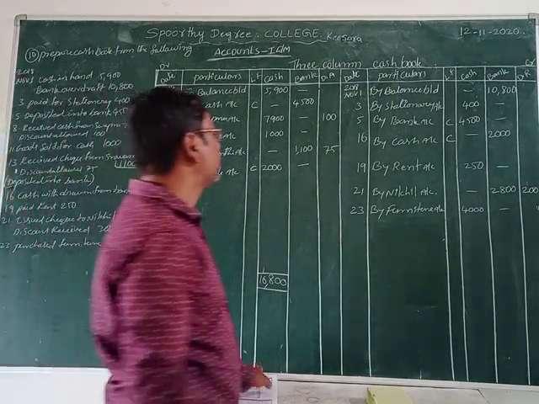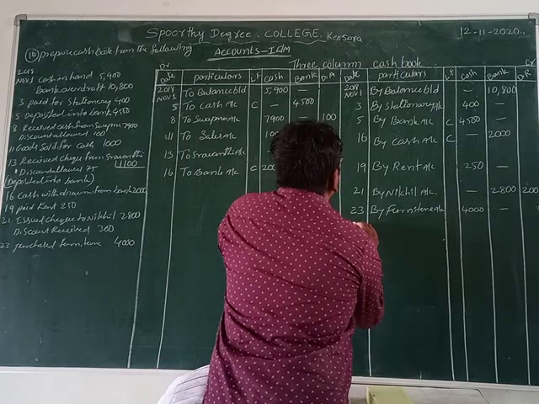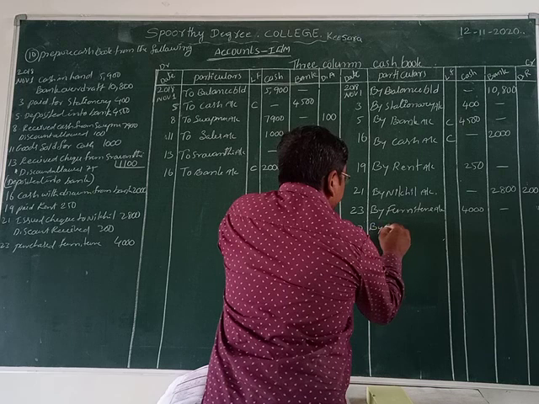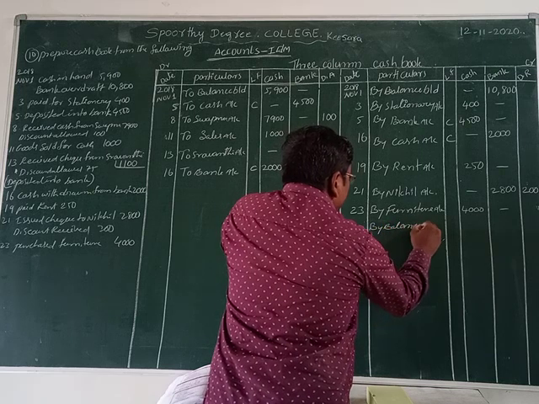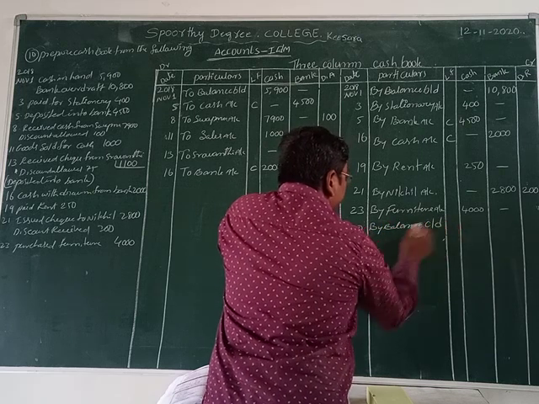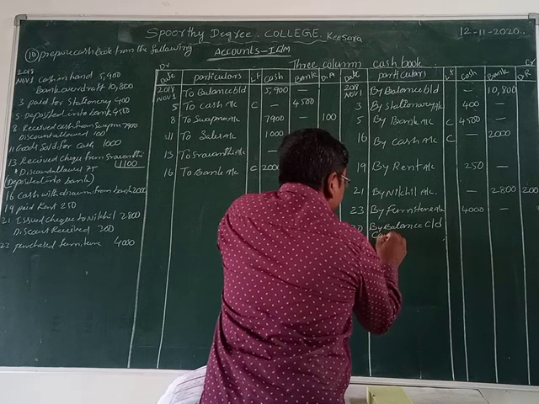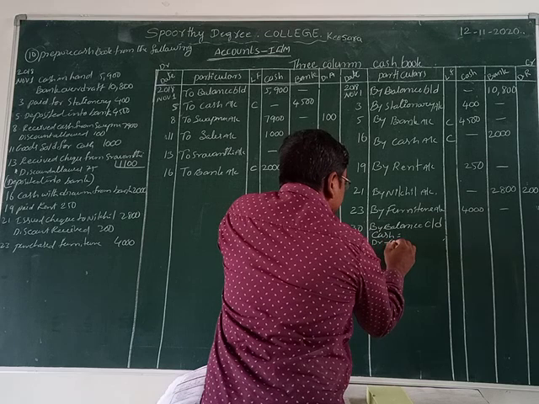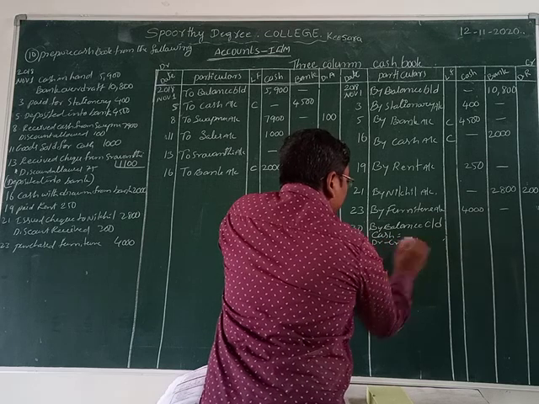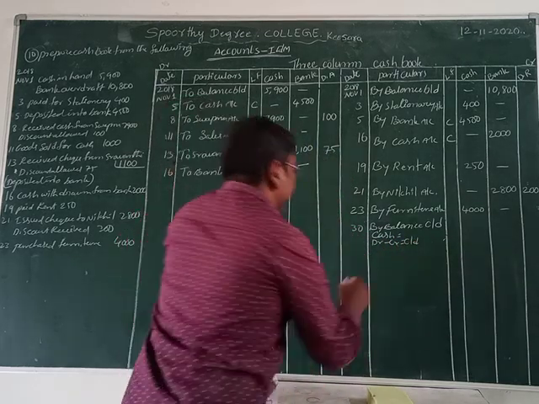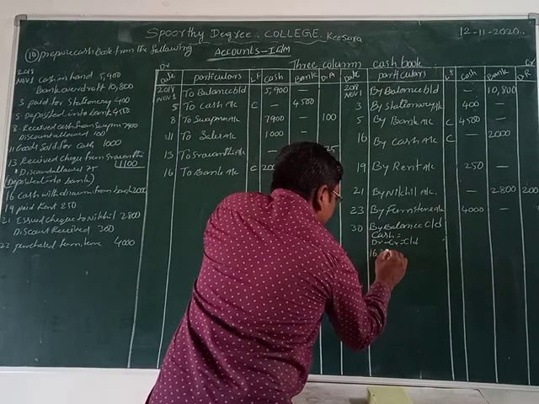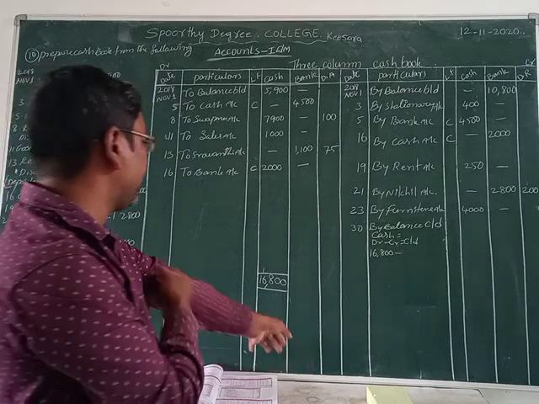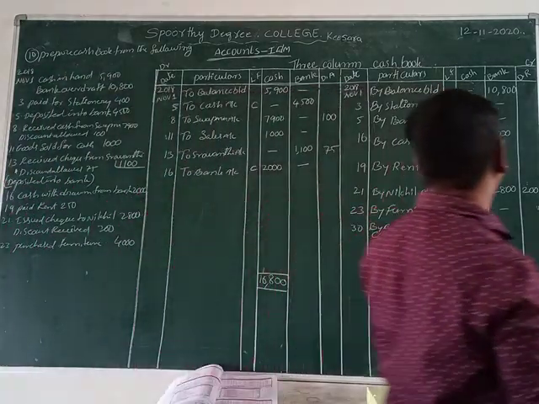Okay now. We write down November's last date, 30th, by balance carried on. For cash, debit minus credit equals carried on. How do we do that? 16,800 minus the total of cash here.